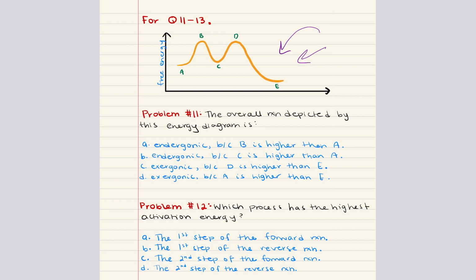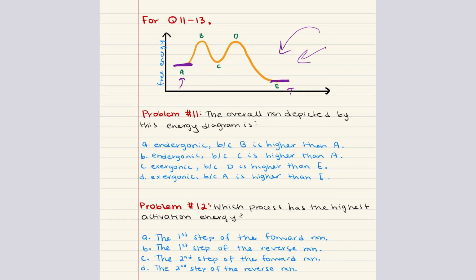On the other hand, exergonic reactions are reactions that release energy, and they're characterized by products having lower free energy than the reactants. The first place that we can start then is comparing the reactants, which is A, and the products, which is E. What do we notice here?